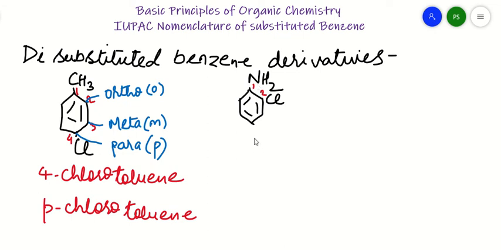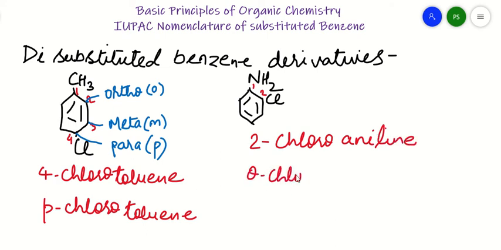So the name would be 2-chloroaniline or ortho-chloroaniline. This is the IUPAC name of disubstituted derivatives.